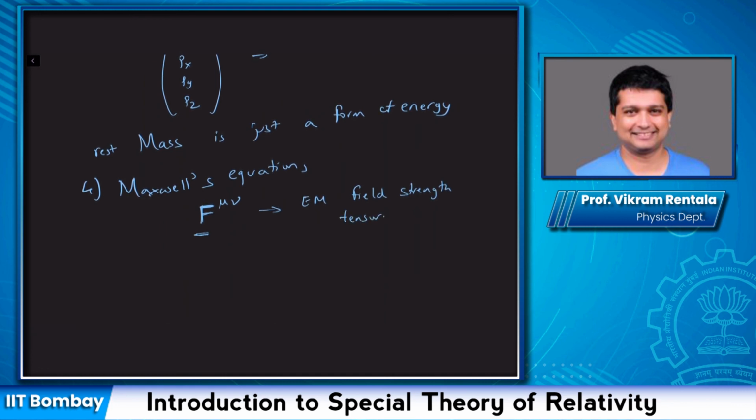Maxwell's equations are already compatible with special relativity. However, to make it apparent that they're compatible, we just had to rearrange things and write them in the form of tensors.